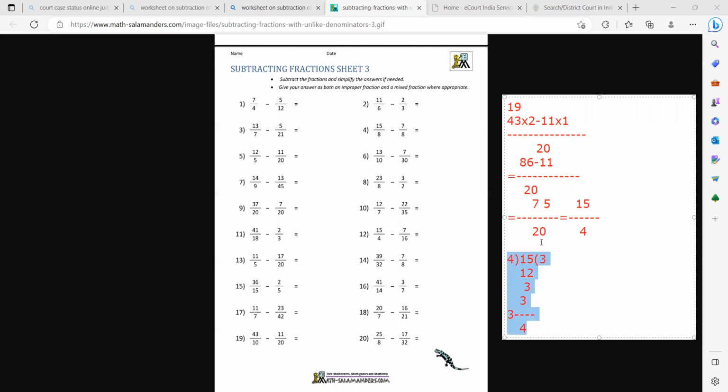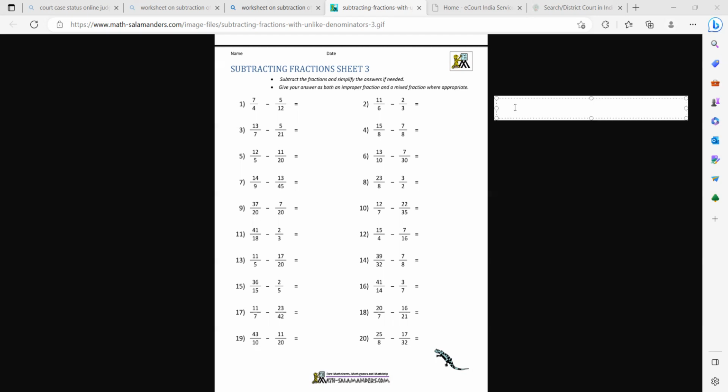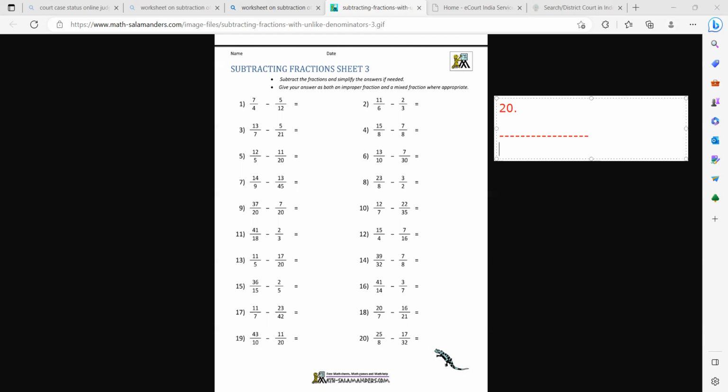Then we have number 20. For number 20, first solve your own sum, then check it with mine. The LCM of 8 and 32 is 32. 8 into 4 and 25 into 4, minus 17 into 1, and 32 into 1.